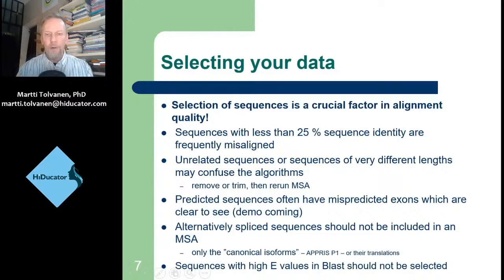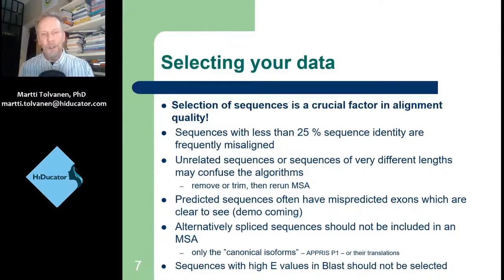And sequences of very different lengths with long insertions in between might throw the algorithm off the rails, so having more uniform data is always a big help. So observing your first alignment and then removing outlier sequences and realigning is part of the game, which you just have to accept.